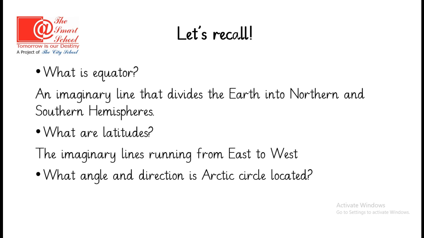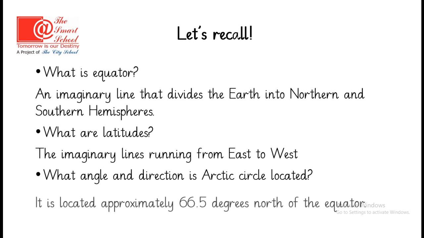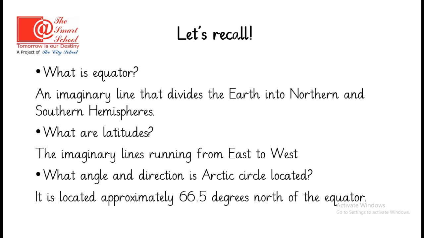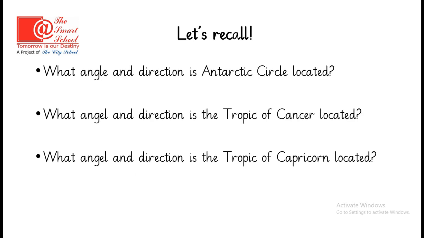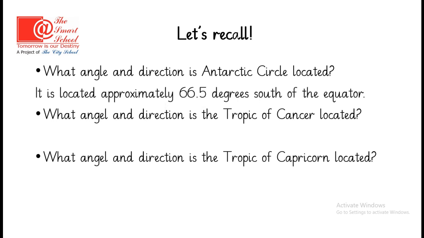What angle and direction is Arctic Circle located? It is located approximately 66.5 degrees north of the equator. What angle and direction is Antarctic Circle located? It is located approximately 66.5 degrees south of the equator.